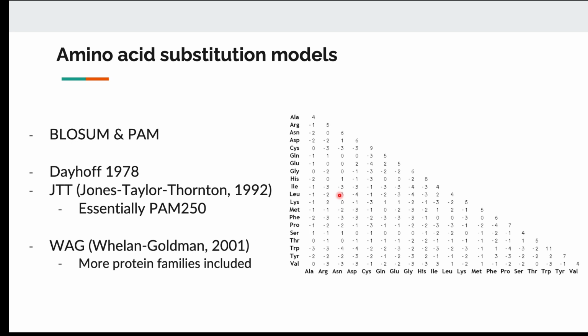So for protein, we cannot do a theoretical model like for nucleotides. We cannot impose the changes as parameters because there are going to be so many parameters. Different nucleotides can change to another nucleotide, and an amino acid can change to a different amino acid.